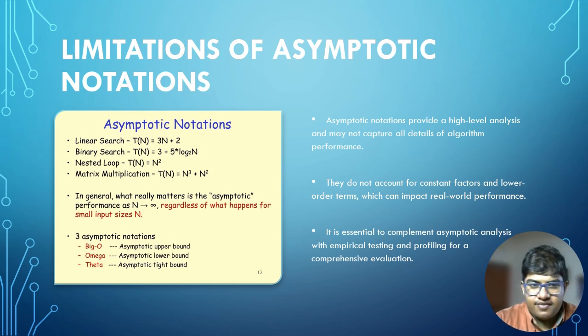Now, limitations of asymptotic notations. Asymptotic notations provide a high level analysis and may not capture all details of an algorithm's performance. They do not account for the constant factors and lower order terms, which can impact real world performance.